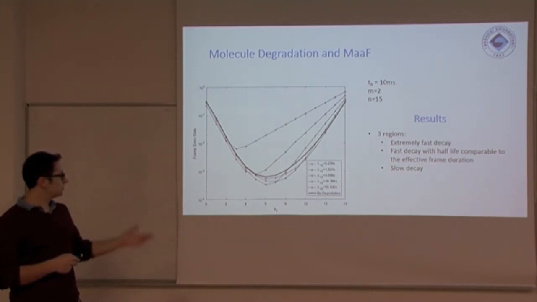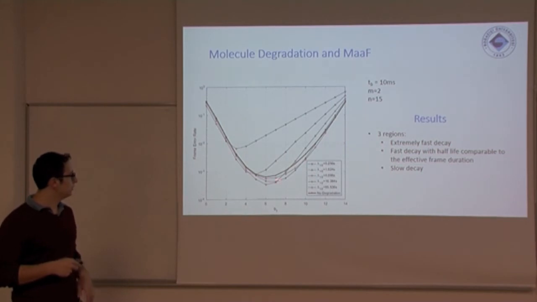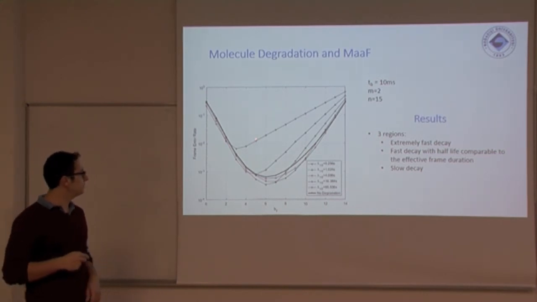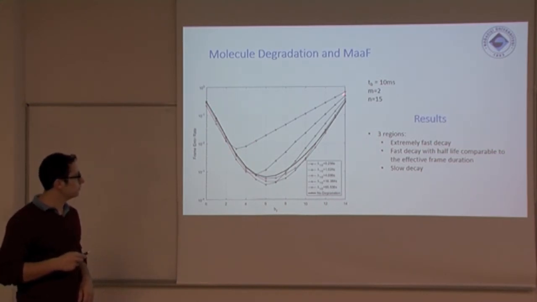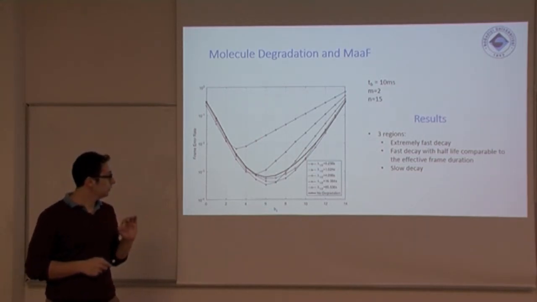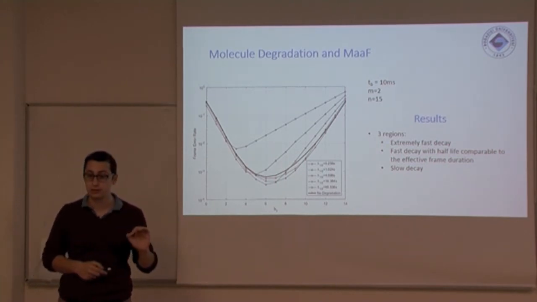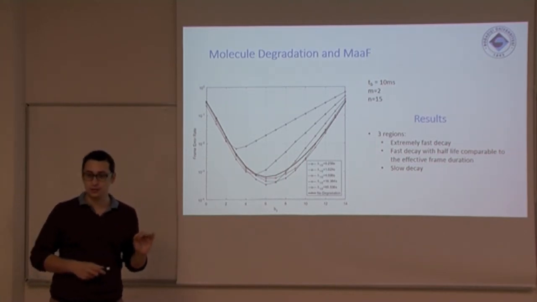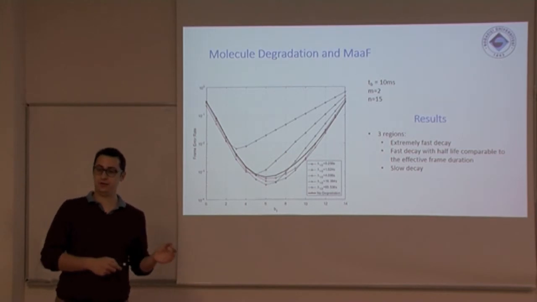This is a really cluttered graph, but the bold curve represents the no degradation case. If the degradation is extremely severe, as in the top curve, half of the molecules degrade in a quarter of a second. That's maybe unrealistically fast.